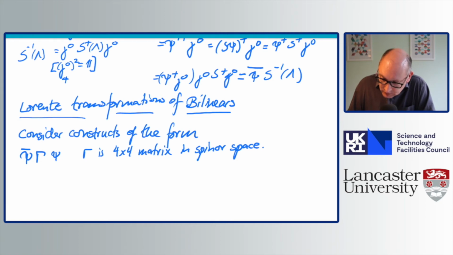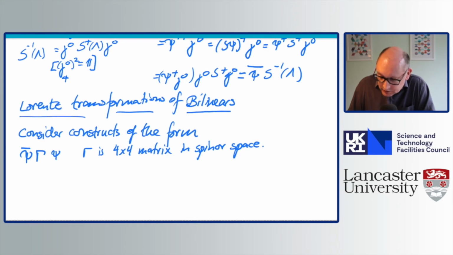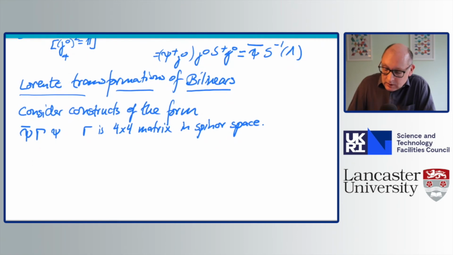Now, let's consider all possible gammas. We want to show that gamma, whatever form it takes, can be decomposed into a set of bilinears, and this is exactly a bilinear. It has two powers of psi, a psi bar and a psi, that's called a bilinear.